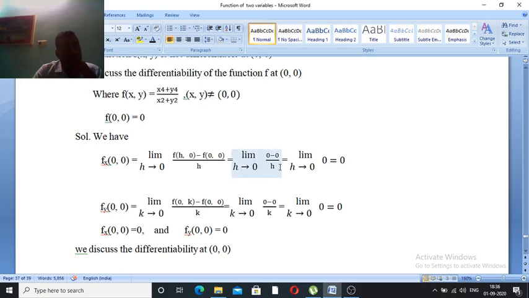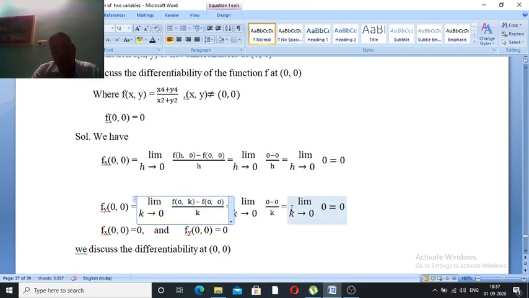Limit h tends to 0 of 0 is equal to 0. By definition, the first order partial derivative with respect to y at origin is equal to limit k tends to 0 of f(0,k) minus f(0,0) upon k, which is 0 minus 0 upon k, that is 0 upon k is 0.